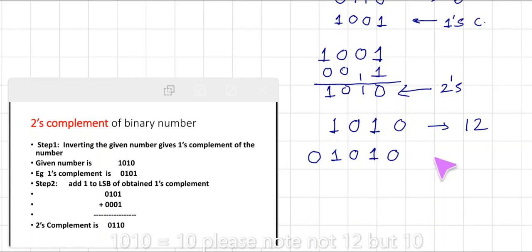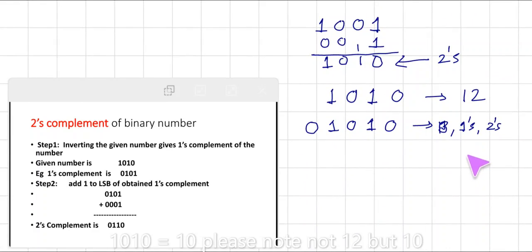So in binary form, one's complement form and 2's complement form, the positive number remains as it is. It does not change. No complements are taken. They are the same. But what if we have to represent minus 12? See, remember this represents plus 12.